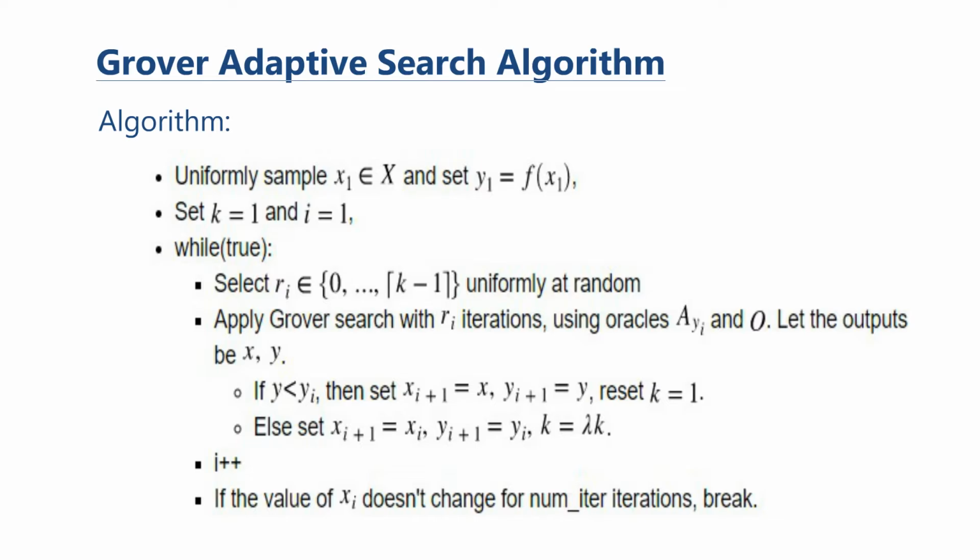While true, select R_i from 0 to k−1 uniformly at random and apply Grover search with R_i iterations, using oracles A_yi and O, letting the outputs be x, y. If y is less than y_i, then set x_{i+1} equals x, y_{i+1} equals y, and reset k equals 1. Else set x_{i+1} equals x_i, y_{i+1} equals y_i, k equals lambda k. Increment i, and if the value of x_i doesn't change for num_iter iterations, break.